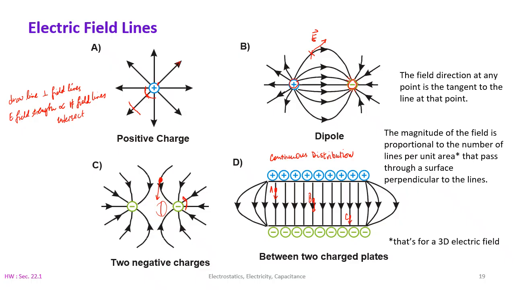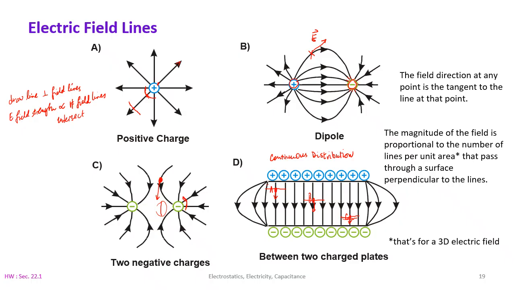If I draw a line at right angles, like that through A, or like that through B, or like that through C, so all of my lines are the same length, you can see that 3 electric field lines go through the red line that I've drawn. So the electric field magnitude is the same as well.